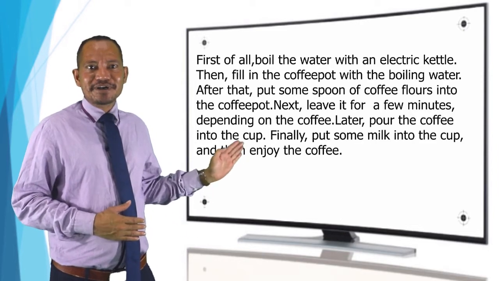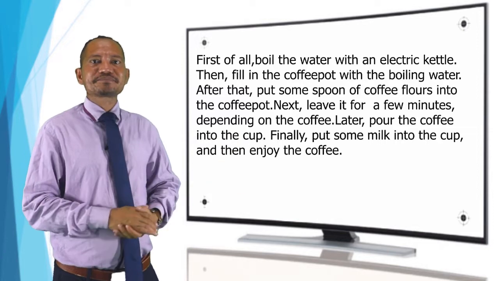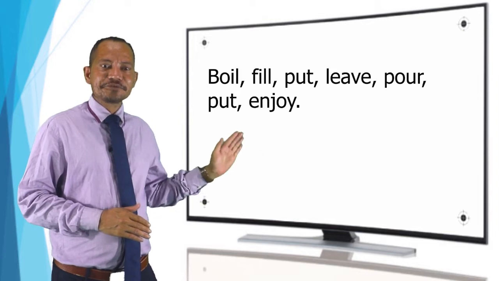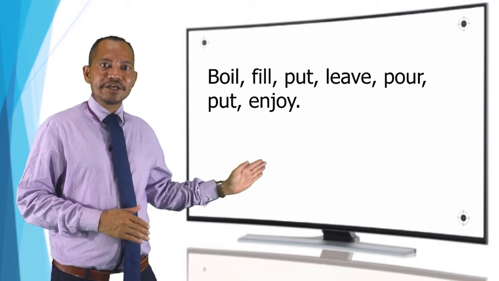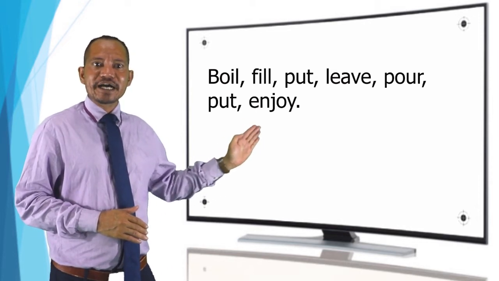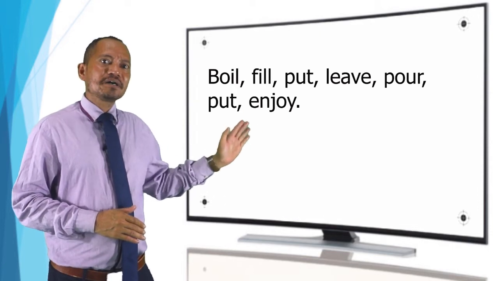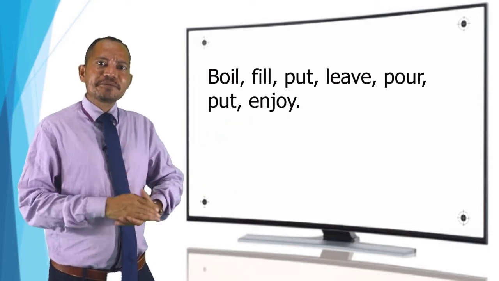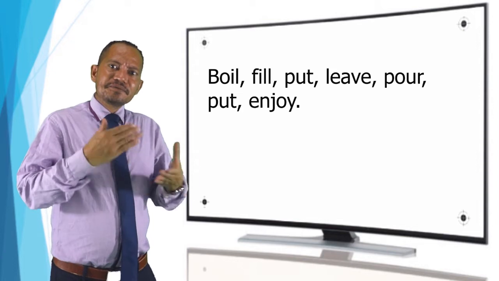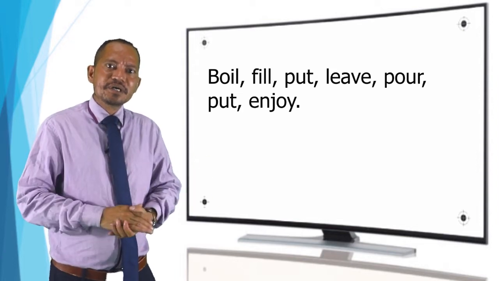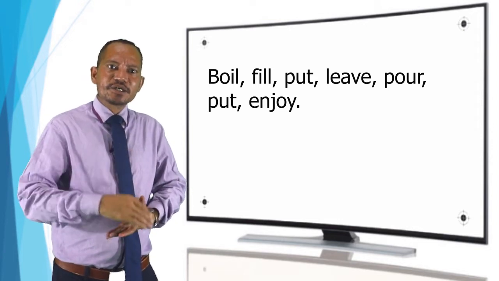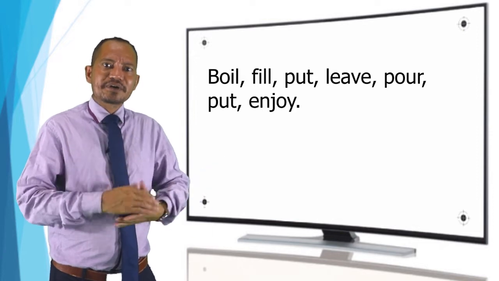In this example of the process in making a cup of coffee, you see that the words shaded in yellow, like boil, fill, put, leave, pour, and then there's another put here right after finally, and then enjoy, are the base form of the verbs, and they are used as the imperatives for explaining steps in a procedure, which is basically an instruction or order to do something, in this context in the process of making a cup of coffee.